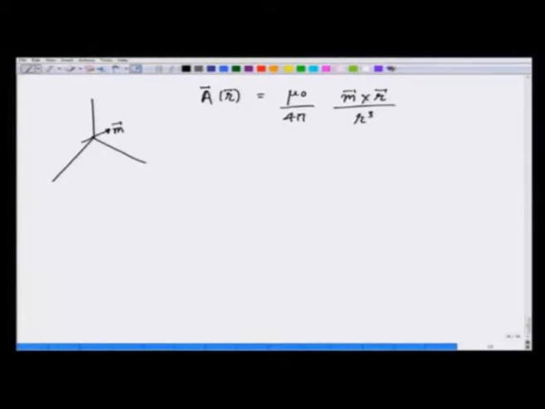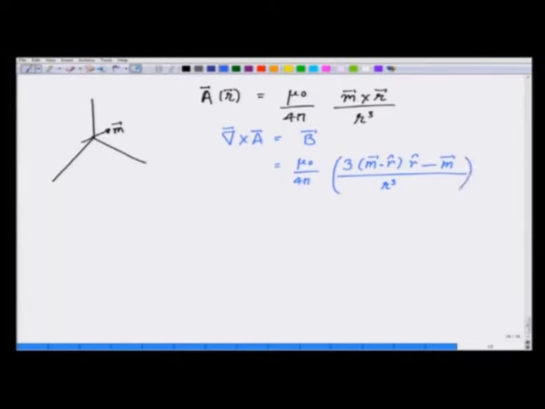How do I verify this? This vector potential should be able to give me, through curl, the field due to a point dipole, which should be equal to mu 0 over 4 pi, 3 m dot r unit vector, r hat, minus m divided by r cubed.